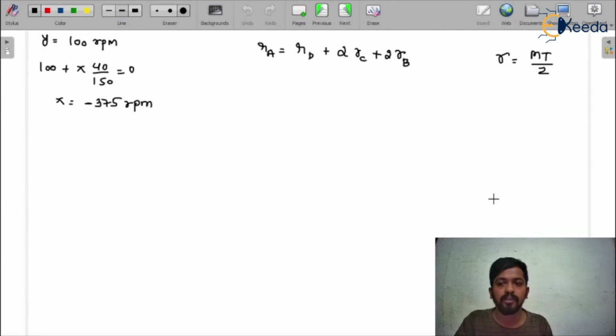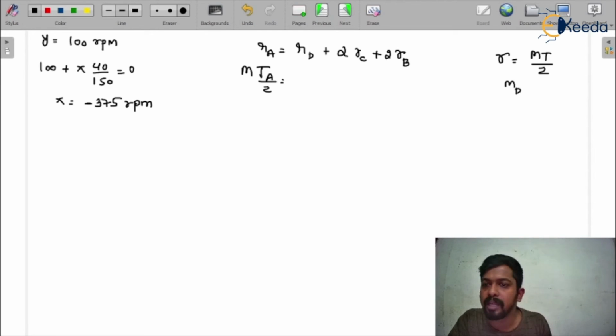So that's why the module will be the same. So here I can write that MD is equal to MC is equal to M. I hope you are able to understand, because all are meshing gears, we can assume that all have the same module.